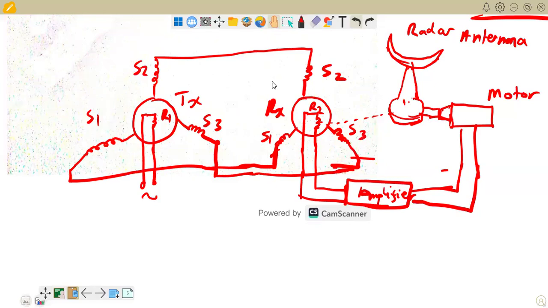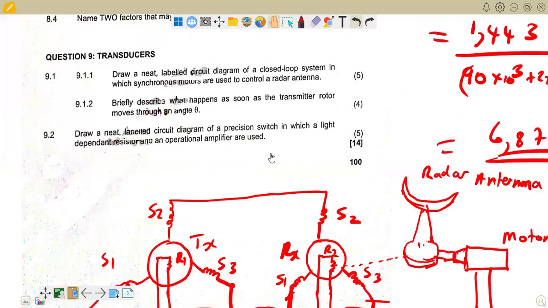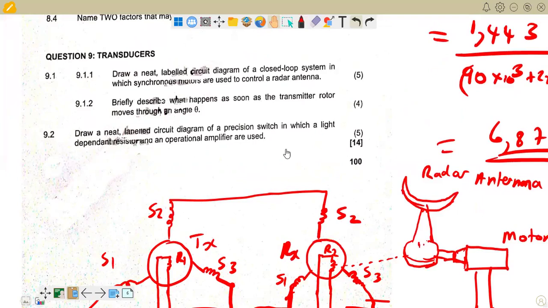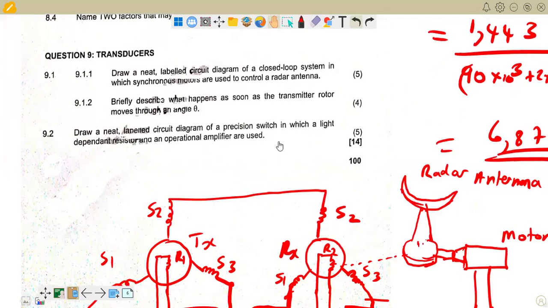Then the next question, 9.2, draw a neat labeled circuit diagram of a precision switch in which a light-dependent resistor and an operational amplifier are used. So we want to also quickly draw that one.